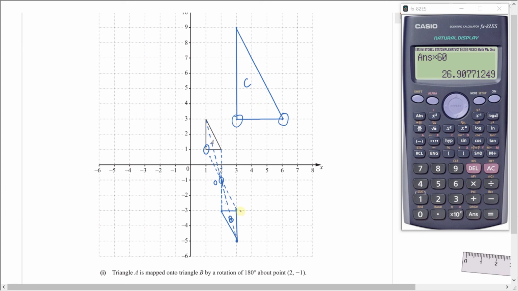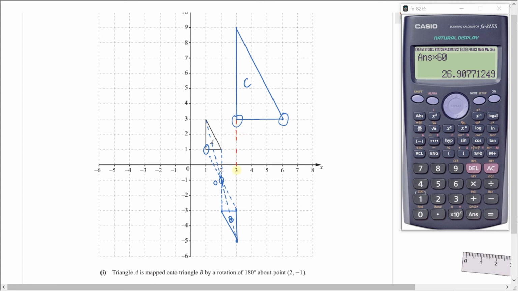So clearly this is an enlargement because your size has changed. To find the center of enlargement, what we do is we connect the corresponding points. If I look at this vertex in C, it is mapped onto this vertex in triangle B. So I will connect these two.